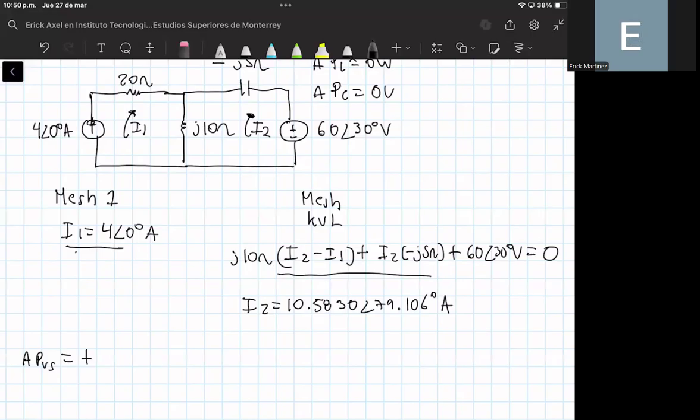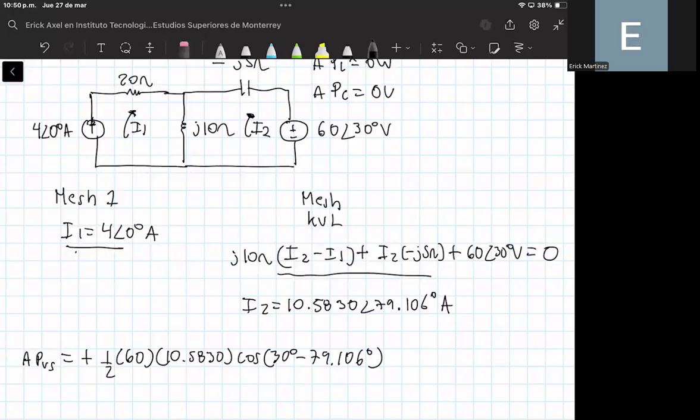This is equal to 1 over 2 times the amplitude of the voltage, that in this case is 60, times the amplitude of the current I2, that is 10.58, times the cosine of the phase angle of the voltage, that is 30 degrees, minus the phase angle of the current I2, that is 79.106 degrees.